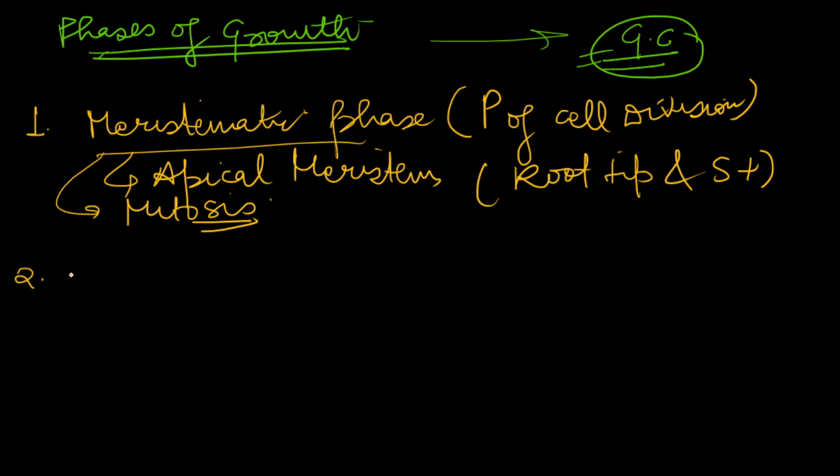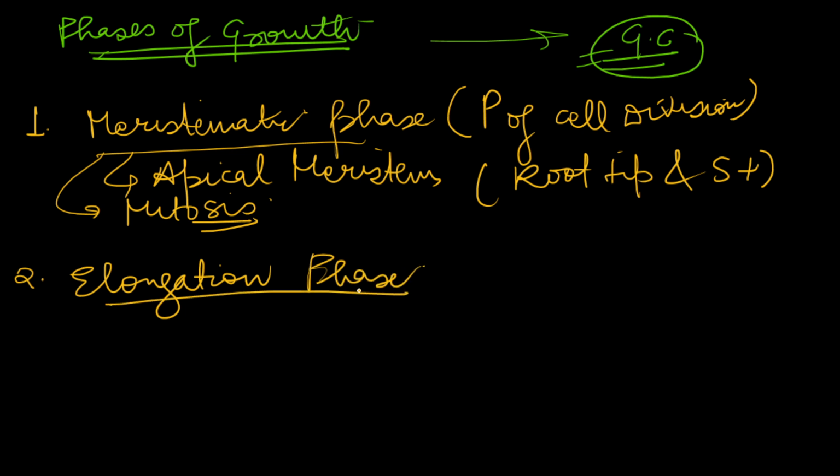Second, we have the elongation phase. So here the newly formed cells elongate and expand. Suppose in the meristematic phase a lot of cells have formed, but in the elongation phase they will elongate and expand. It occurs after the meristematic phase, behind the meristematic zone.